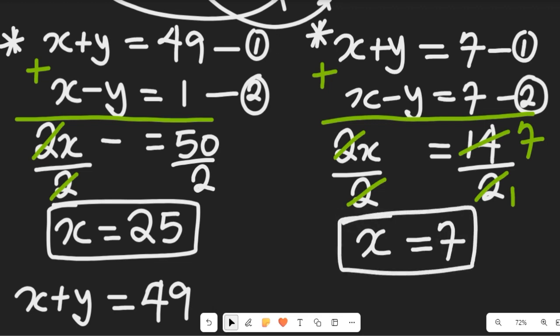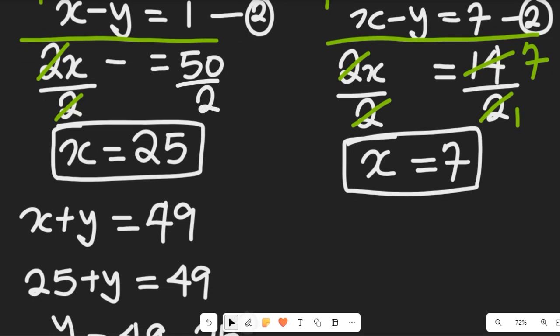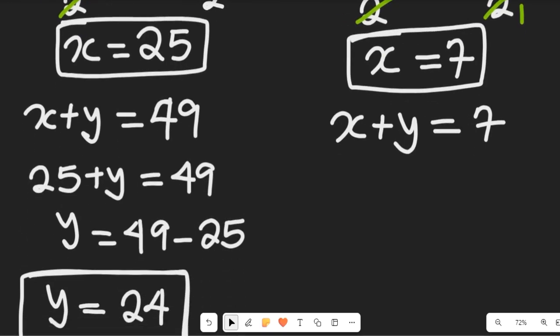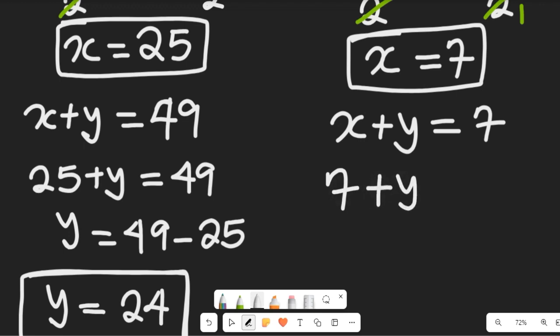Now, if x is equal to 7, we're going to take the second expression or the first expression, whichever you feel like, x plus y is equal to 7. So if we insert the value of x equal to 7, we'll find out that 7 plus y will now be equal to 7.